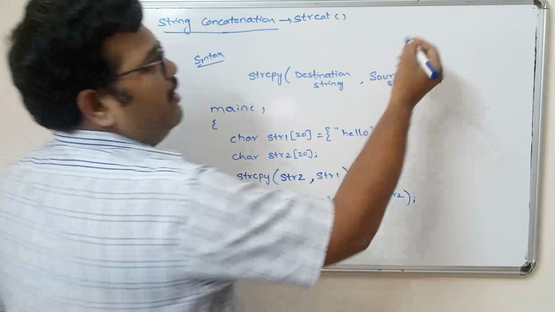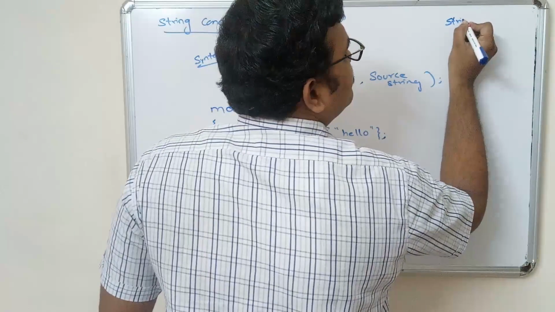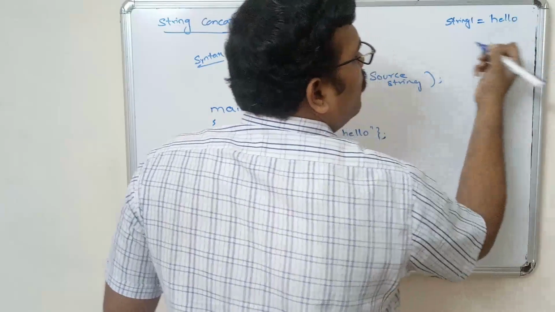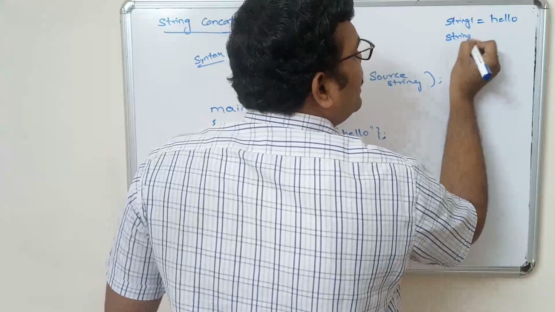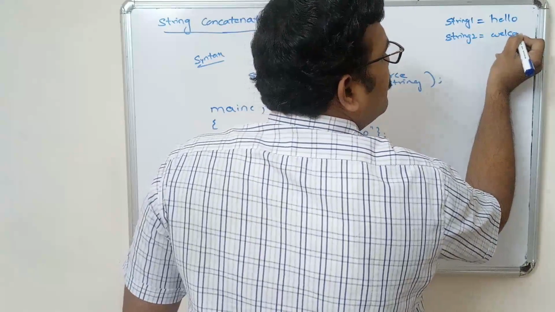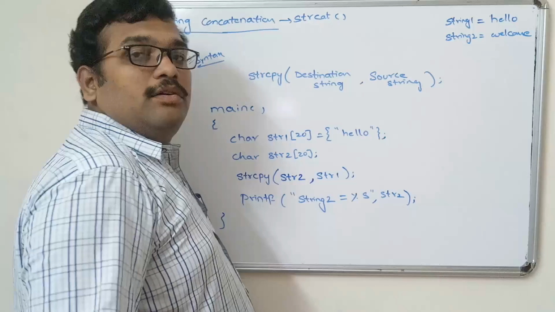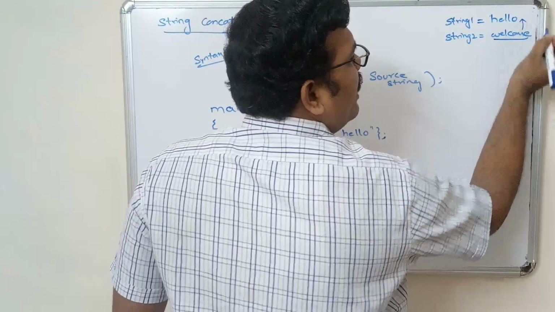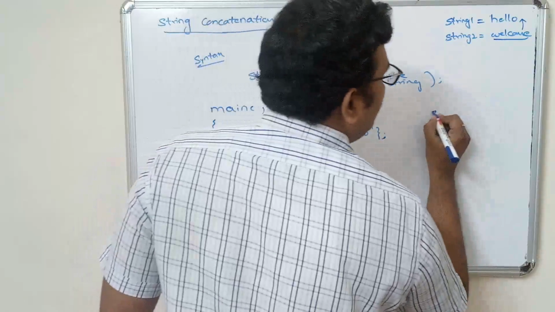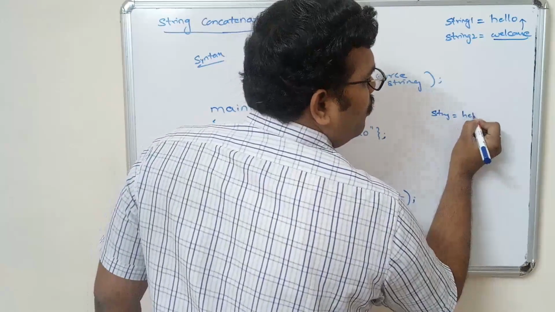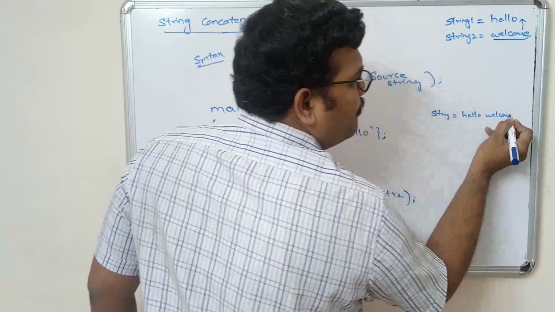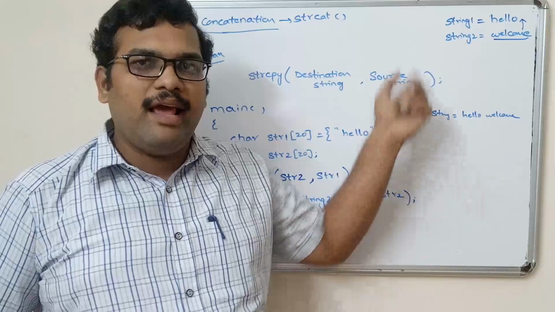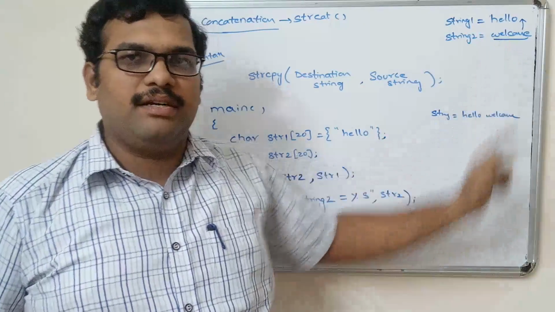So here, if string 1 contains hello and string 2 contains welcome, then string concatenation will do this: the welcome will be added at the end of string 1. So string 1 content will have hello and welcome. So appending the content of the second string at the end of the content of the first string.